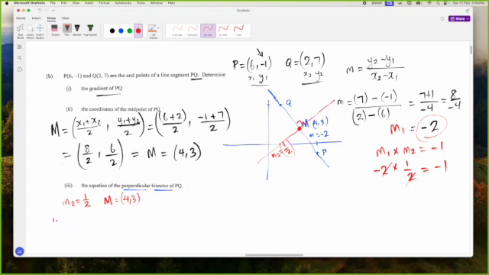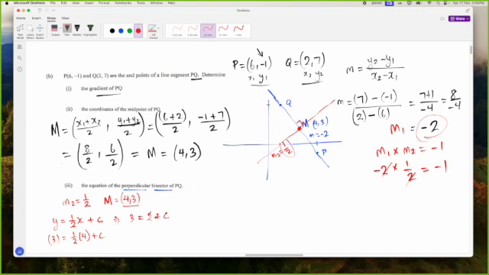So it'll be y equals a half, which is the gradient, times x plus c. Now I could use this point to find c. So y, which is 3, in place of x and y, is equal to a half of x, which is 4, plus c. So y, which is 3, is equal to a half of 4, which is 2, plus c.